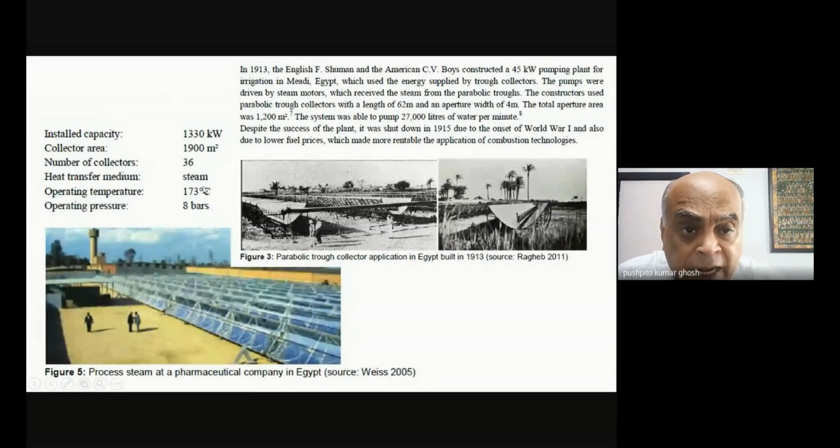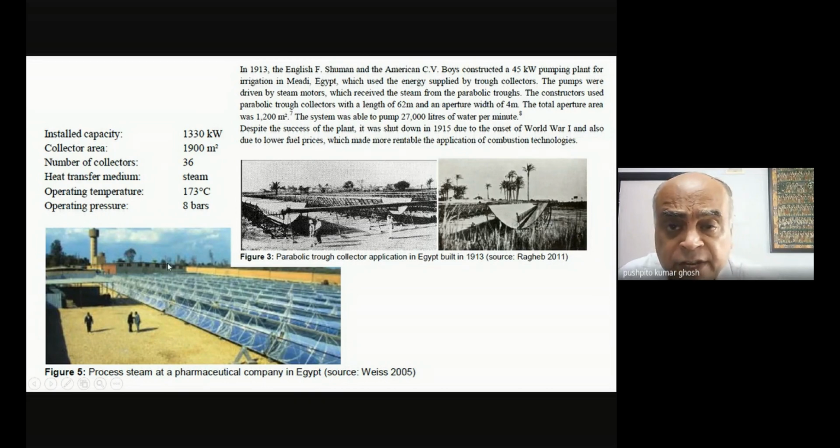And a large number of these troughs are there. It's in Egypt, and this is a pharma company, and this pharma company actually draws almost all of its steam requirement as process heat through solar energy. So this is a parabolic trough setup.